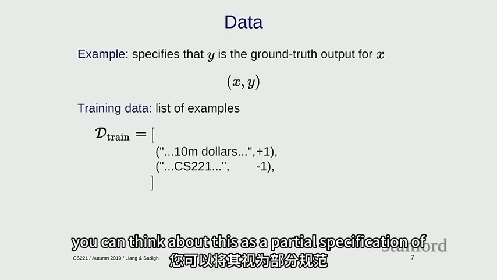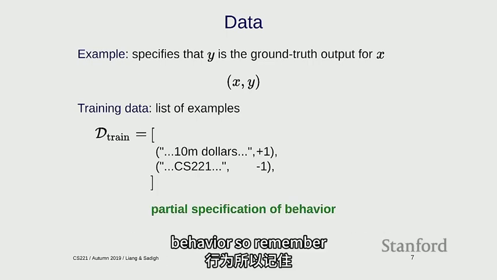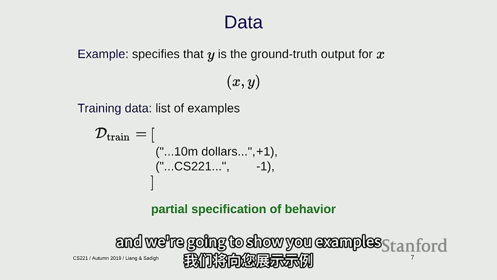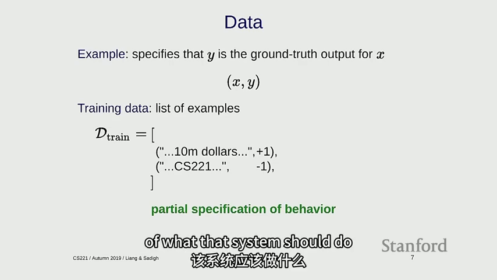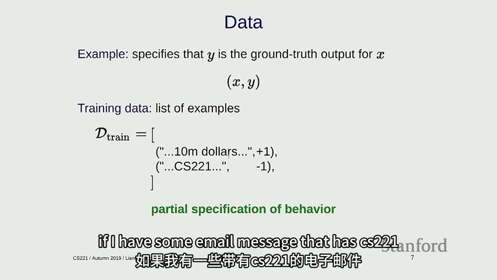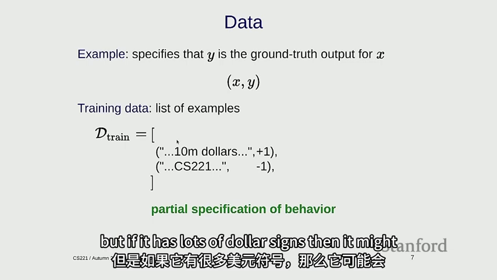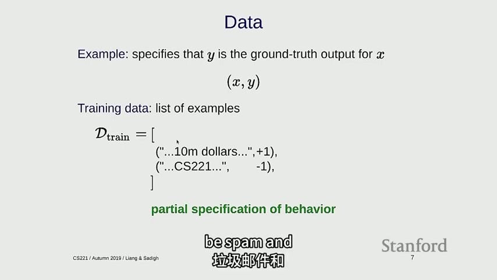You can think about this as a partial specification of behavior. Remember, we're trying to design a system that has certain types of behaviors, and we're going to show you examples of what that system should do. If I have some email message that has CS221, then it's not spam, but if it has lots of $ signs, then it might be spam.